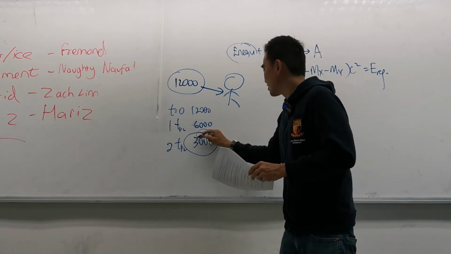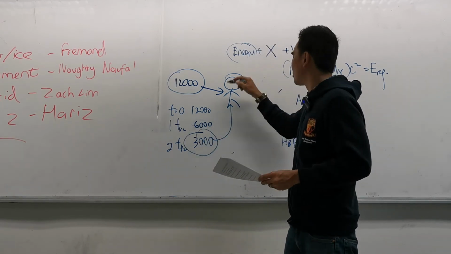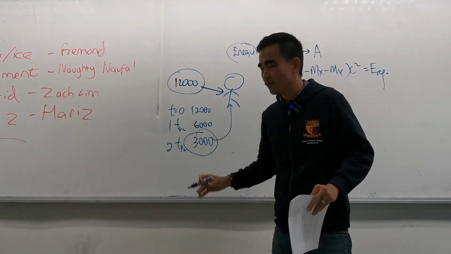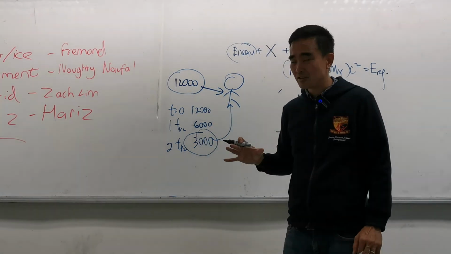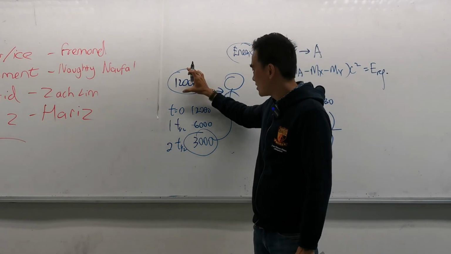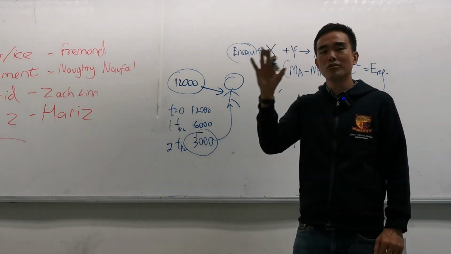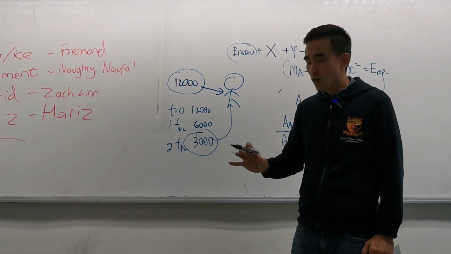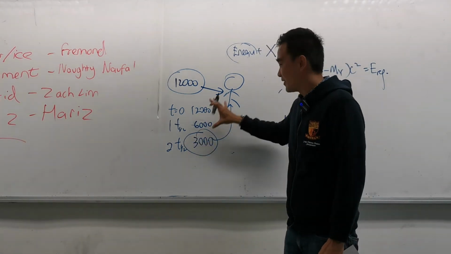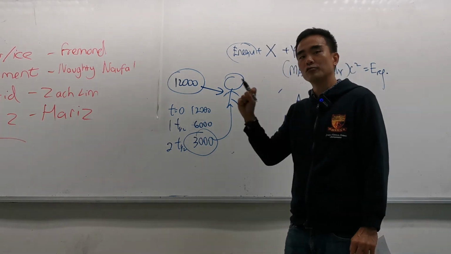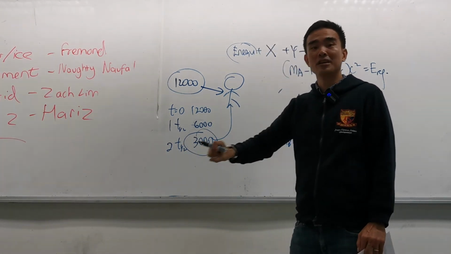This 3,000 will be distributed evenly throughout the person. The only difference is, I inject it into the person, then it starts to reduce. For easier understanding, if we keep it here, after 2 half-lives it will have been 3,000 and then injected into the body to be distributed. So if after 2 half-lives I can gather everything out, it will be 3,000 instead of 12,000. That's if I get everything out.